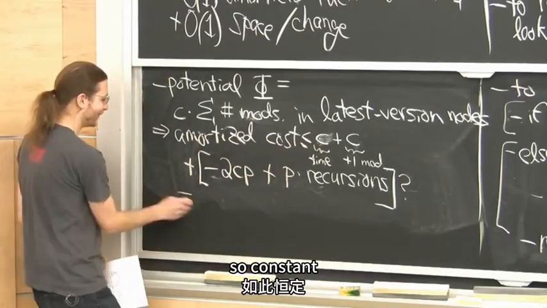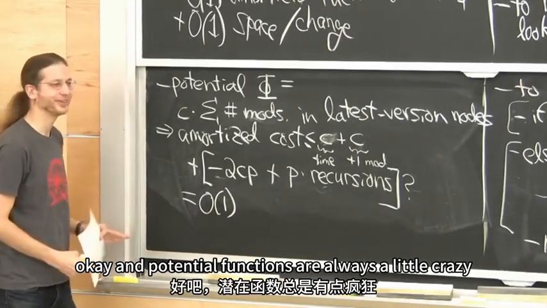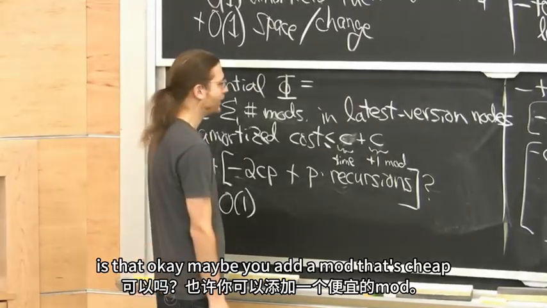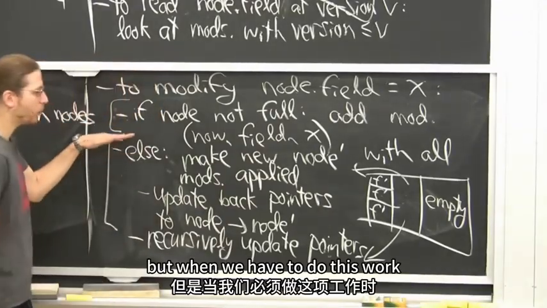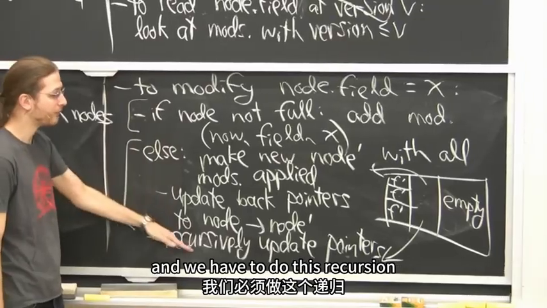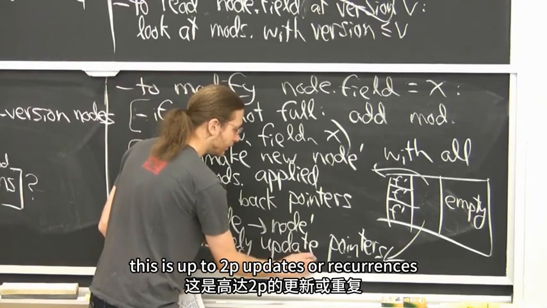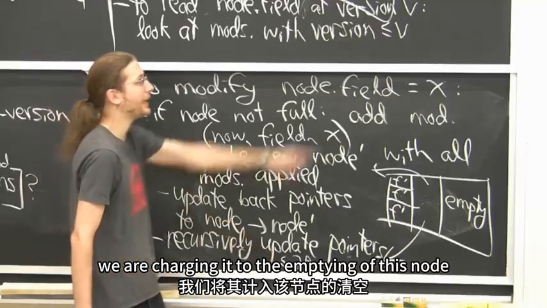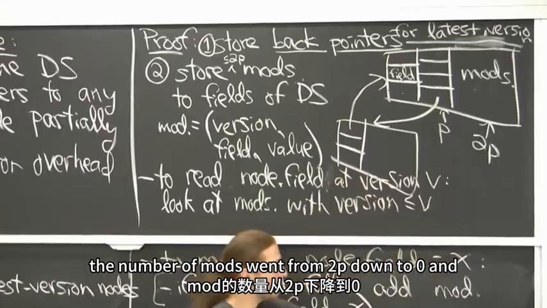So constant. Okay, potential functions are always a little crazy. What's happening here is that, okay, maybe you add a mod, that's cheap, but when we have to do this work and we have to do this recursion, this is up to 2P updates or recursions, we are charging it to the emptying of this node. The number of mods went from 2P down to 0.